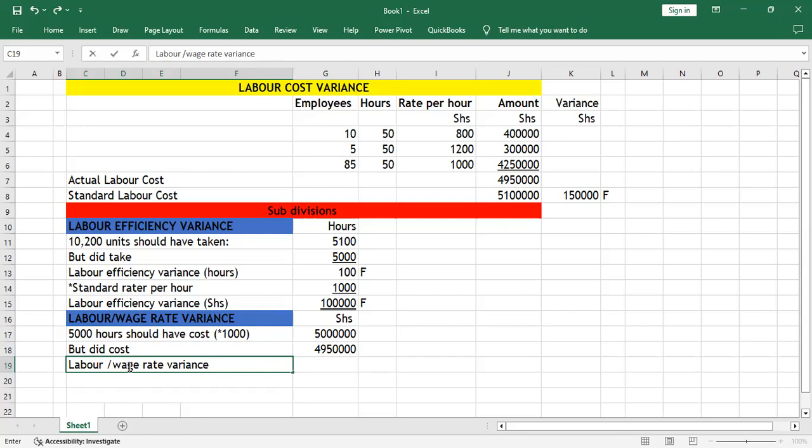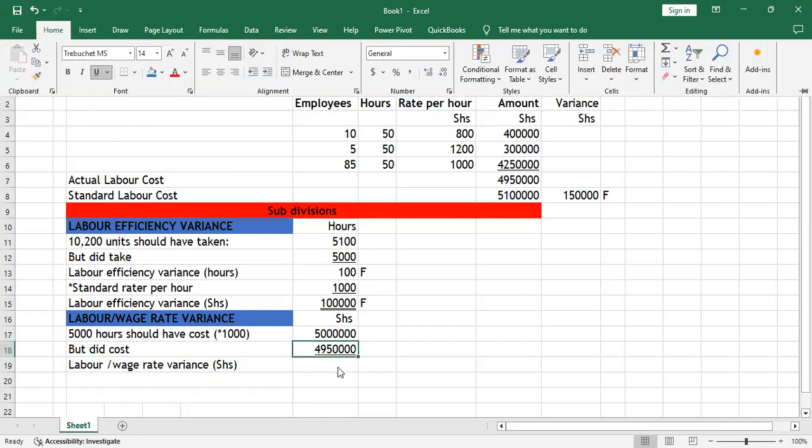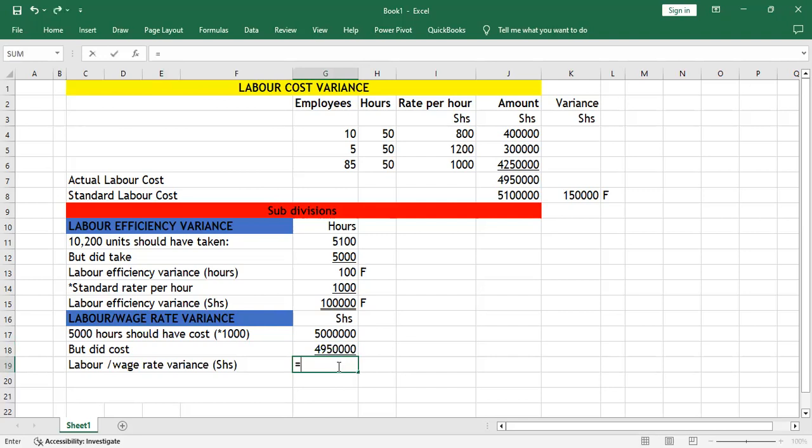Of course, this is in terms of money value, of shillings. How much? Let's get the difference between these two. That is the standard 5 million minus the actual, giving us 50,000.